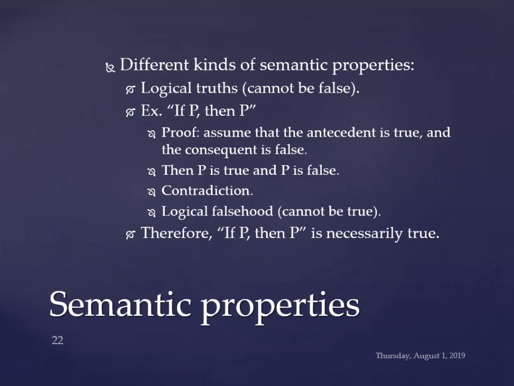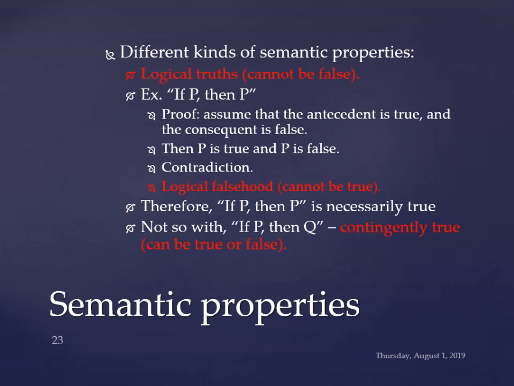That's the same thing as saying it's a logical truth. Whereas if P, then Q, suppose we add that one, is contingently true. That can be true or false. We have some special ways of talking about that which we'll get into later in this class, but just be aware that sometimes logicians talk this way.